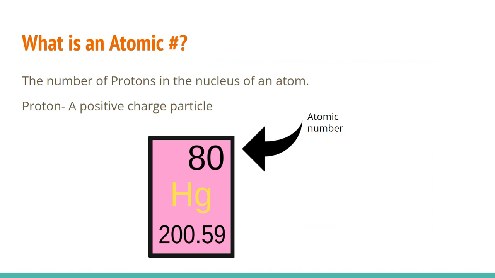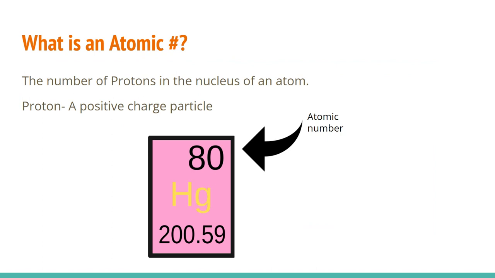And if some of you are wondering, what's a proton? Why do I care about it? It's a positively charged particle. If you look at gold, it's 79. Thallium is 81. But here we have mercury, and the atomic number for mercury is 80.